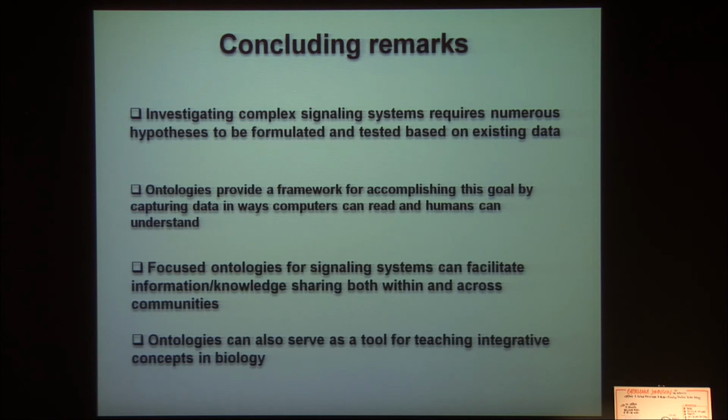We're also beginning to use this as a framework for teaching students how multiple distinct concepts in biology can be integrated using the same semantic languages that experts in the field use, using ontologies as a framework.